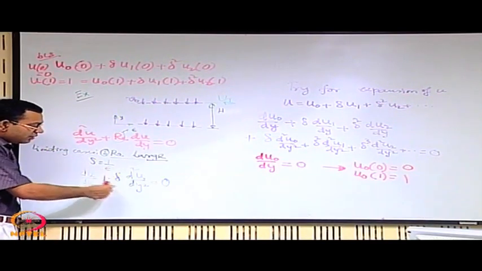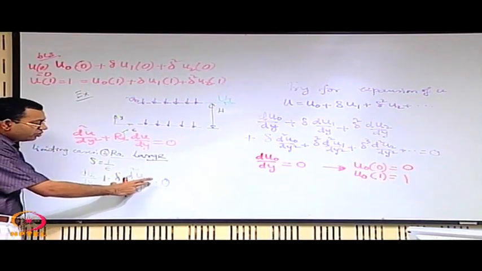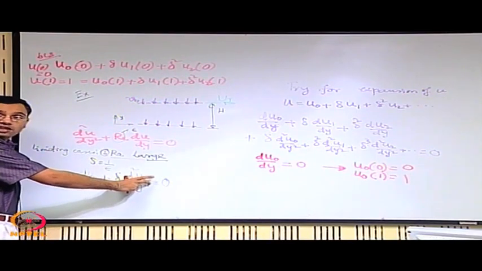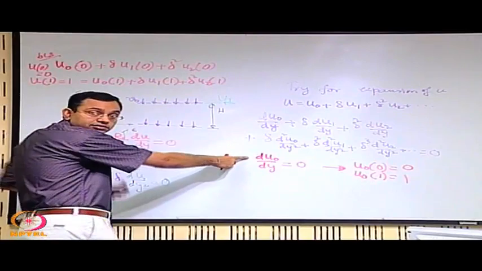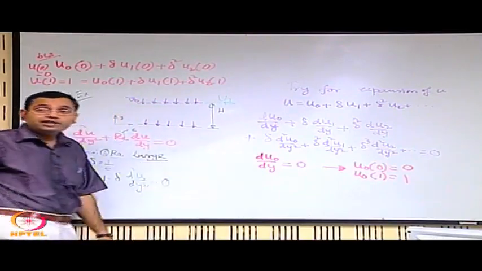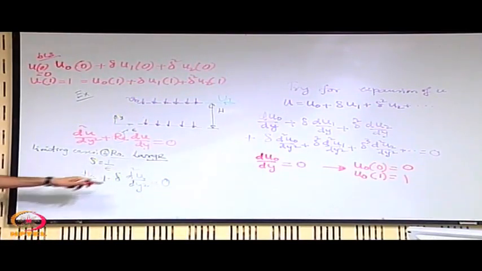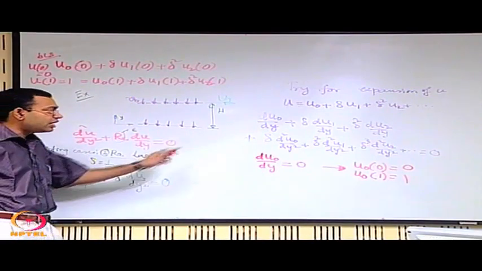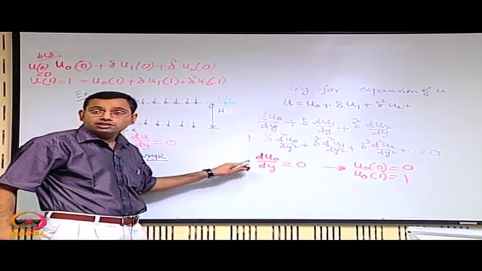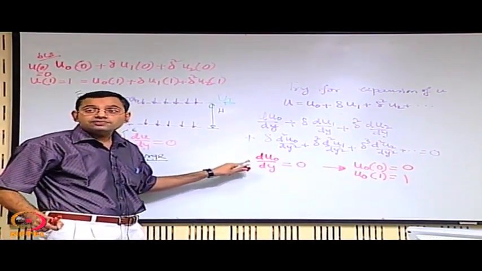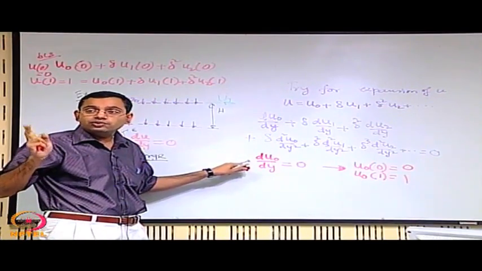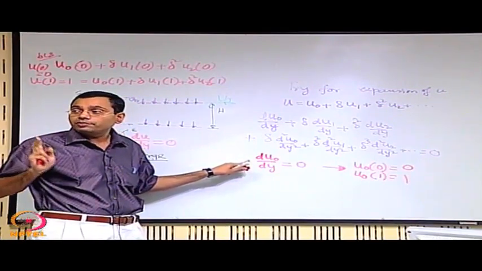Because of the smallness of the coefficient you may be tempted to discard this term altogether, and that is what has happened. In the process what has happened mathematically? Your second order differential equation has got converted into a first order differential equation. So it cannot satisfy the two boundary conditions which the second order differential equation demands.